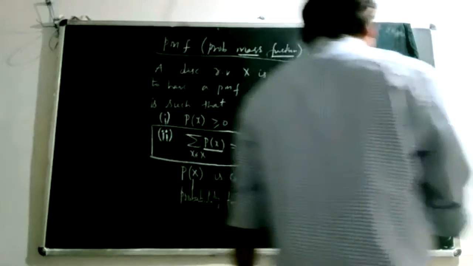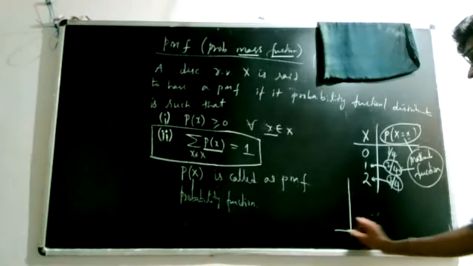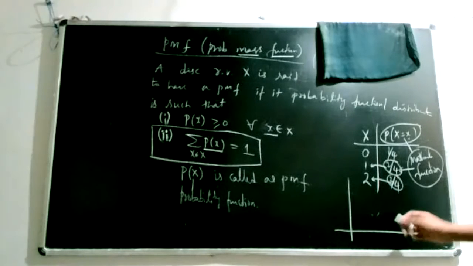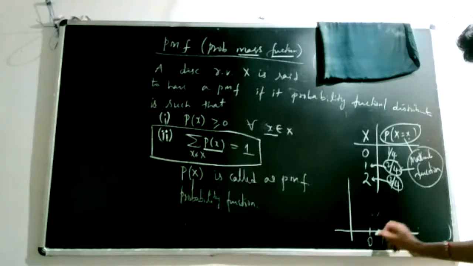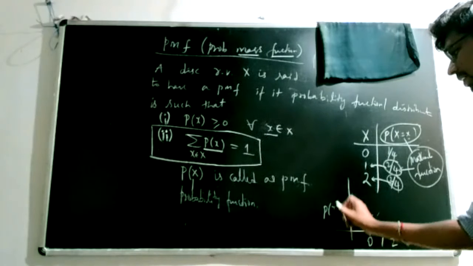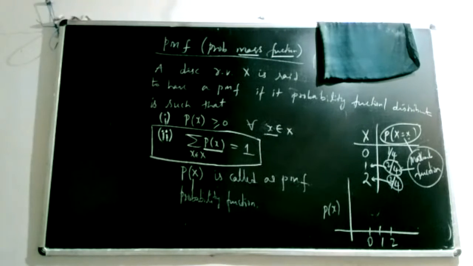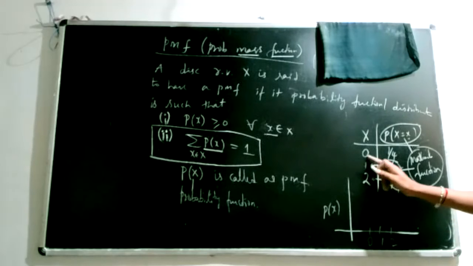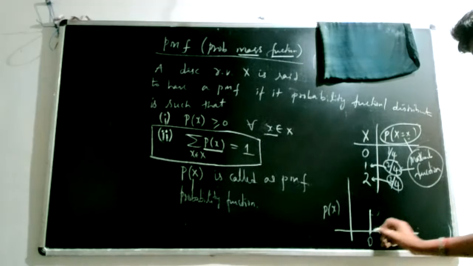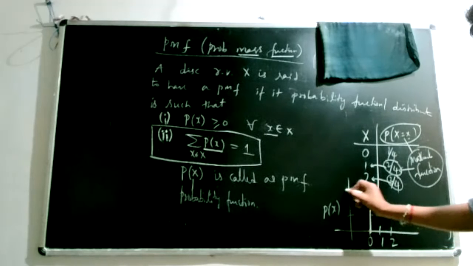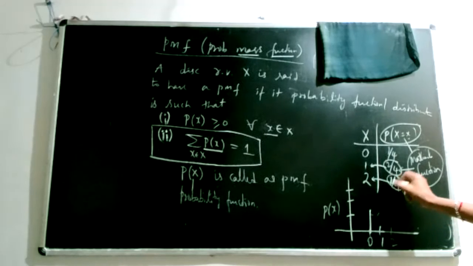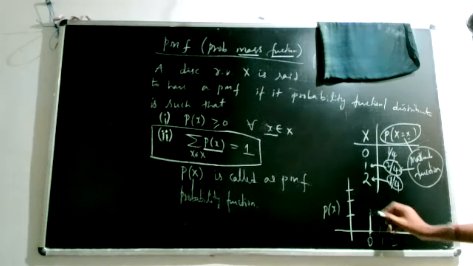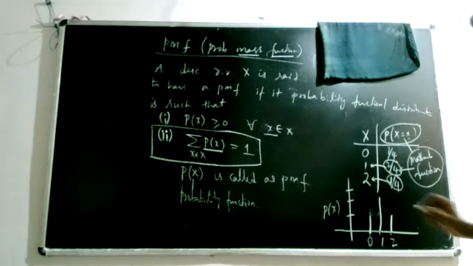And if you obtain the graph or the histogram for this, with x values on the x-axis and P of x on the y-axis, it is the same as obtaining the histogram for a continuous case, but here, since you're talking about discrete nature and not a class interval, your rectangles are nothing but straight lines erected such that you have probabilities of heights 1 by 4, 2 by 4 and 1 by 4. So this is called the sketch of the PMF.